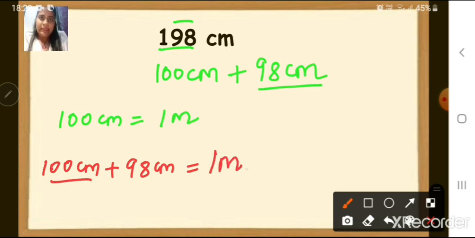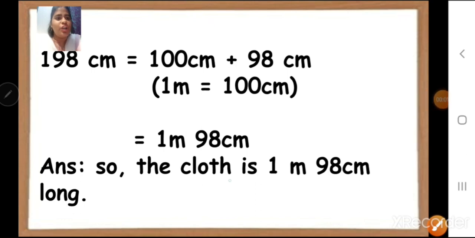We can write that directly. We will not write the plus sign here because the answer will come in meter and centimeter, so we cannot put an addition sign. So 1 meter, and here it is 98 centimeter. This is how we are going to convert centimeter into meters and centimeter. So children, the cloth is 1 meter 98 centimeter long.